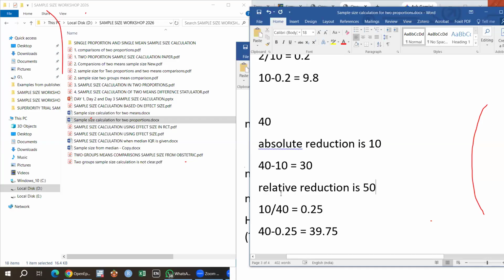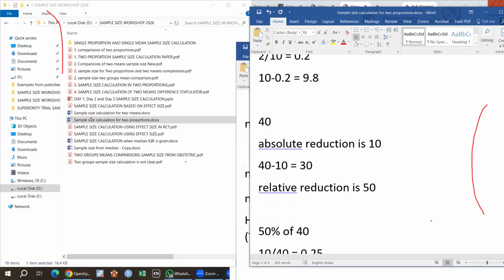Suppose it is a relative reduction of 50, then we have to take it as 50%. Okay? Relative reduction of 50 of 40. So it means 50% of 40.